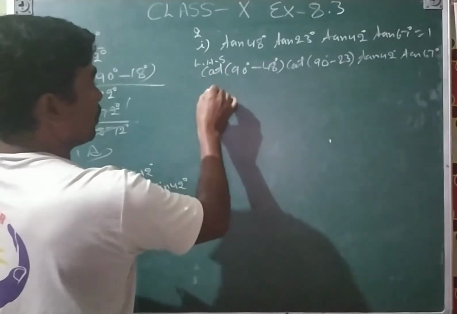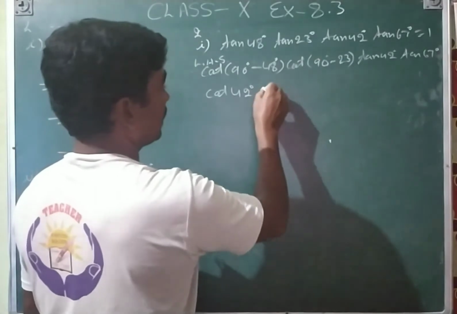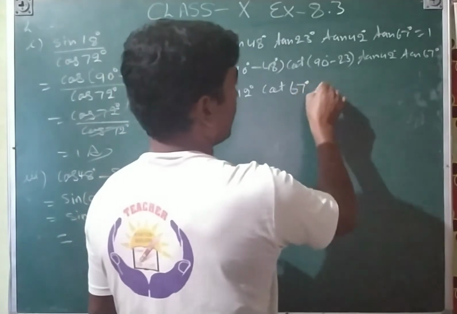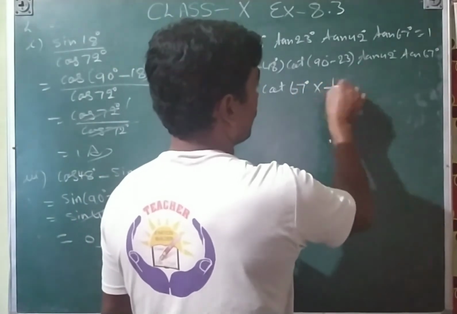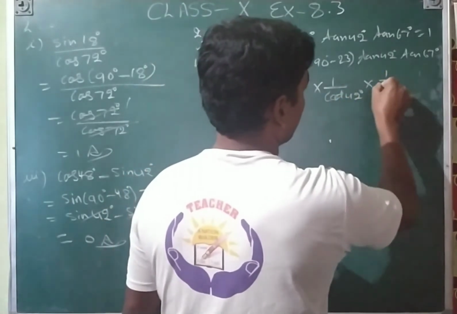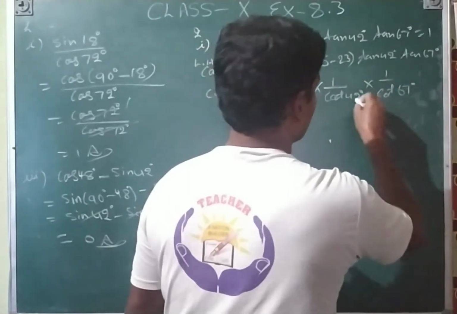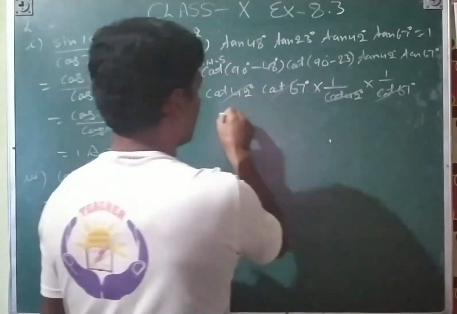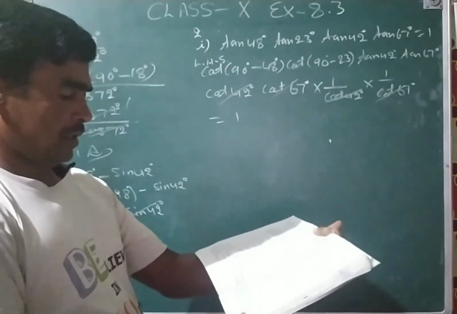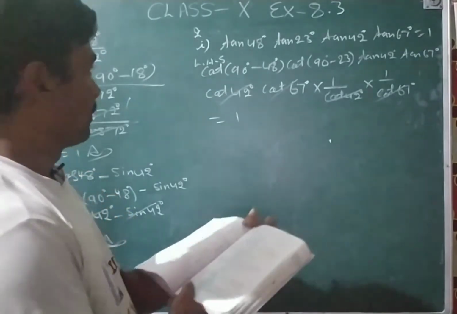So tan becomes cot 42 degree by subtraction, and that cot will also be 67 degree, and then multiplied, tan is equal to 1 upon cot 42 degree, multiplied by 1 upon cot 67 degree. So this cancels, this cancels, and what is left is 1. Similarly, you will place the values in the second part and change the 2 things.